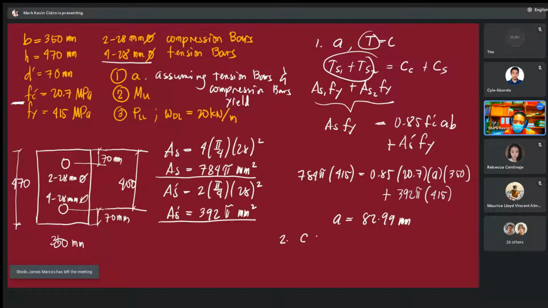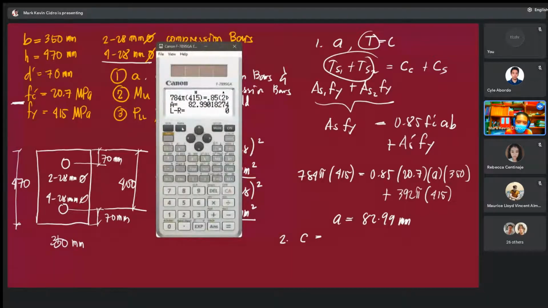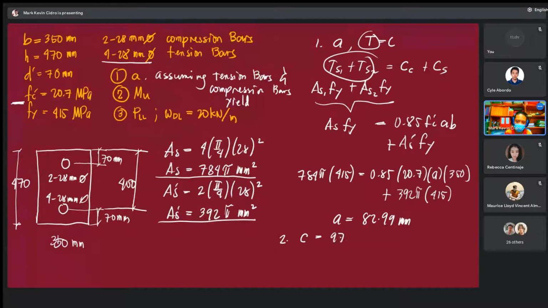Your C is equal to A over 0.85. Your A is 82.99, so the answer is 97.64. This is in mm.